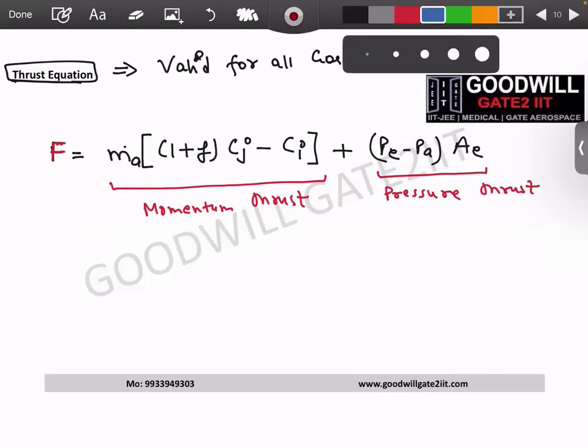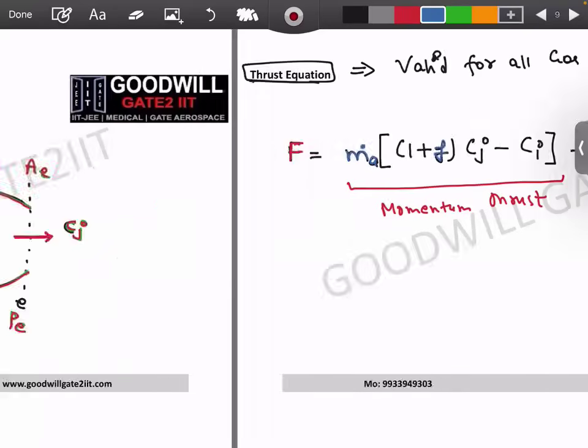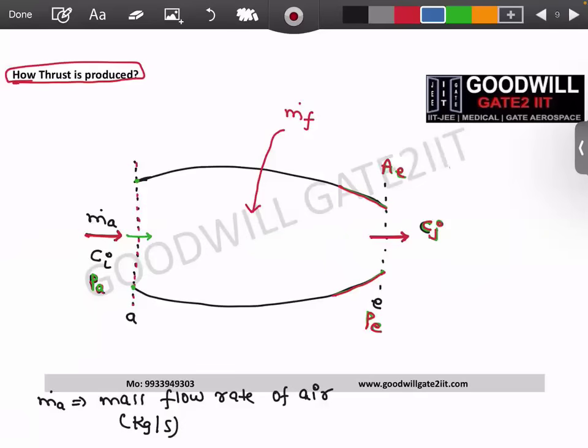Now let's understand each and every term here. So you people know what is m dot a. All right, guys, I'm doing very little maths here. So what is this F? This F is known as fuel-air ratio.